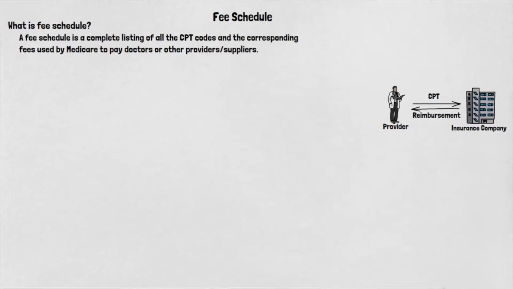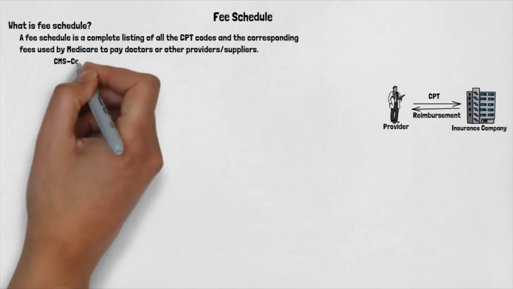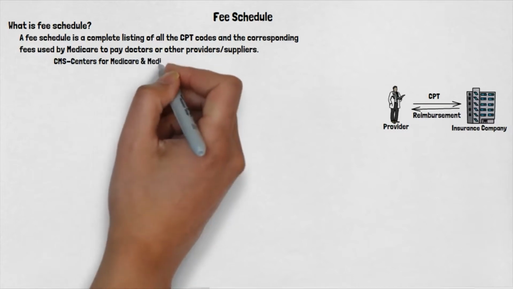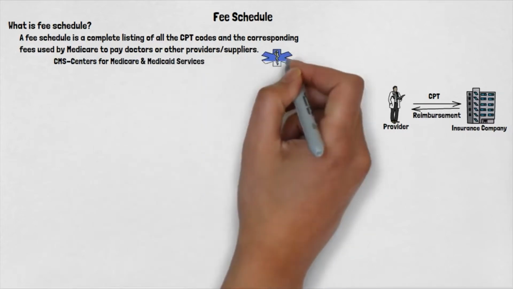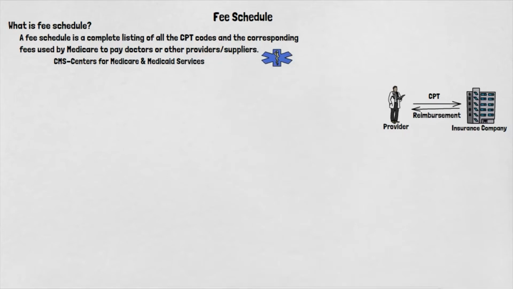If you remember from our previous classes, CMS, which is Centers for Medicare and Medicaid Services, is the regulatory organization for healthcare in the US. Since Medicare is a federal insurance, they will determine the provider fee schedule.